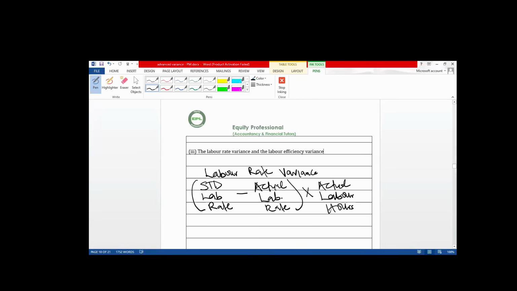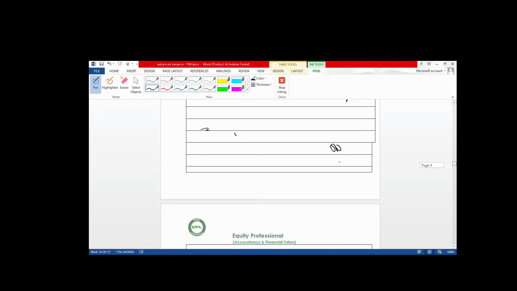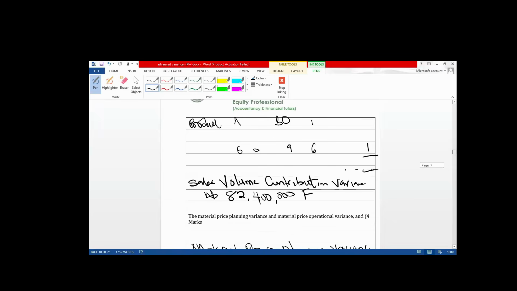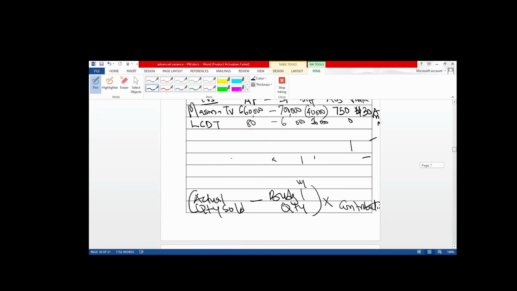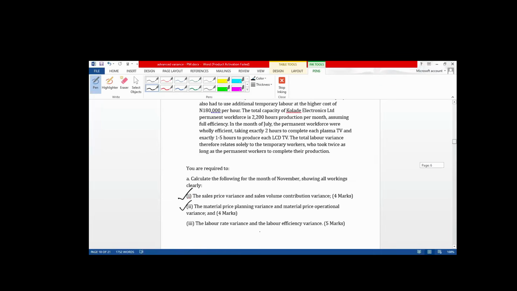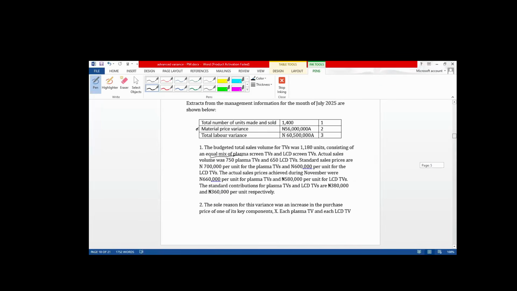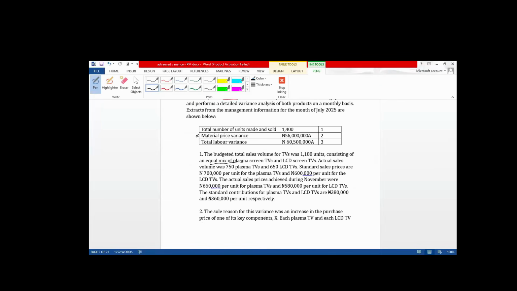Now let's go to this. Total labor variance is given in note number 3. Now let's go to note number 3.